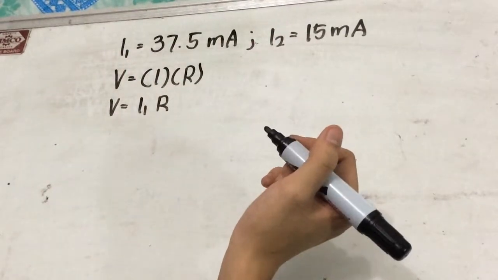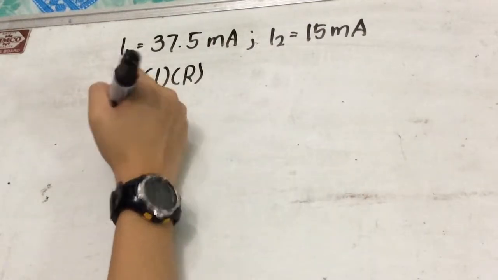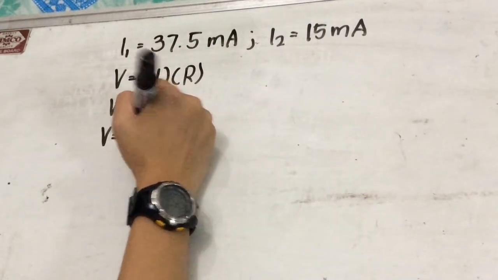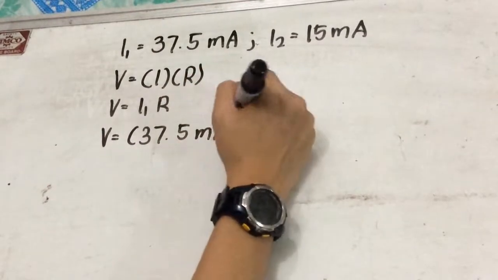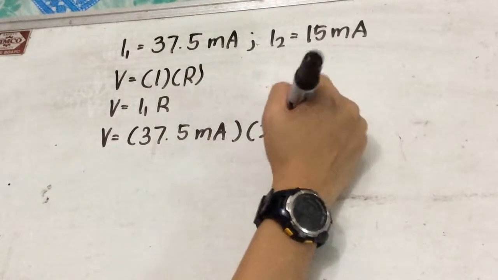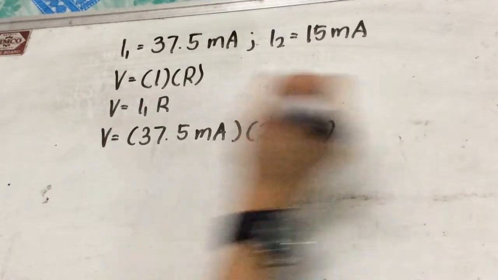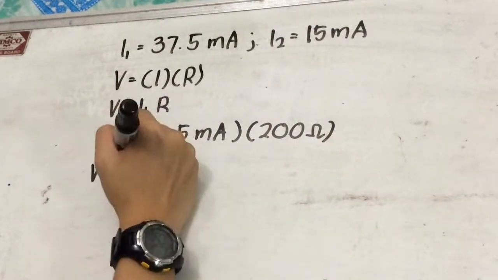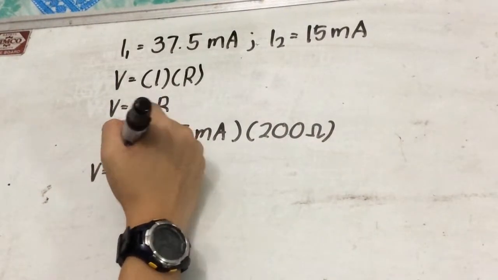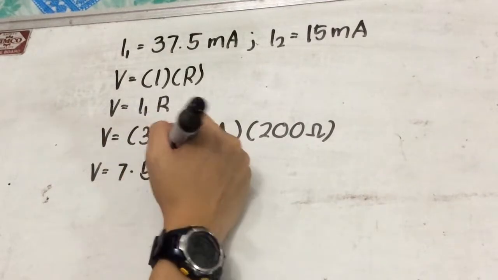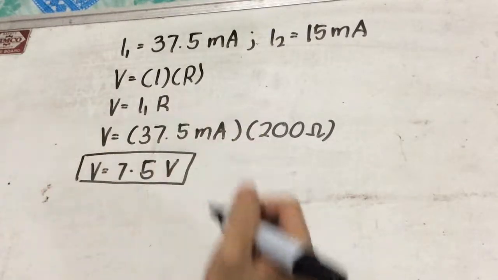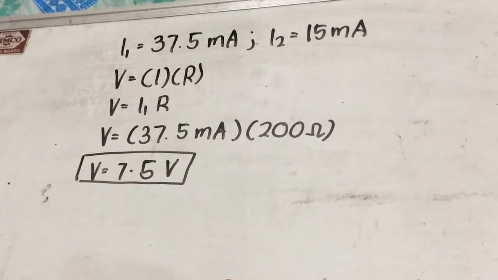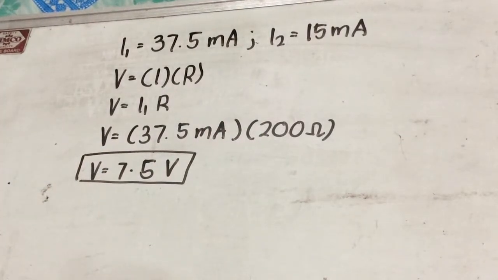Substituting all the values, we will have V is equal to 37.5 milliamperes times the 200 ohms. Now, we will have 7.5 volts as the voltage drop at the 200 ohm resistor.